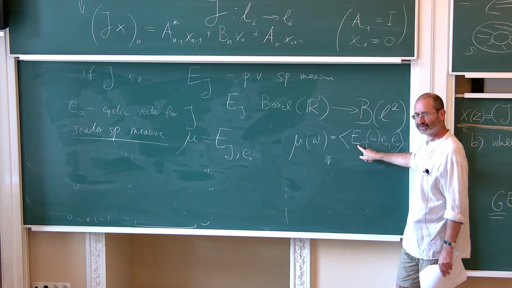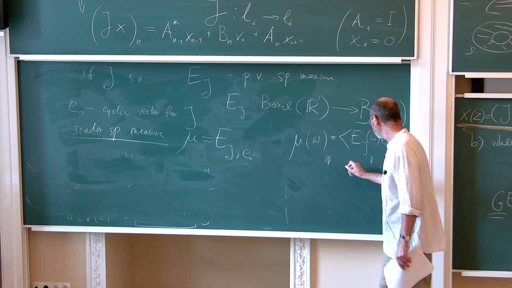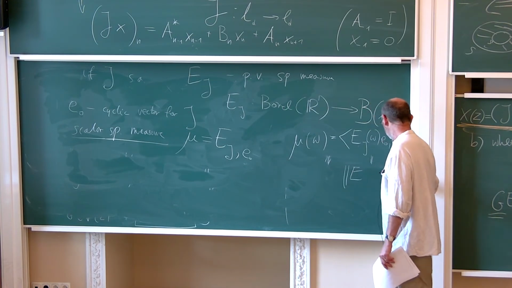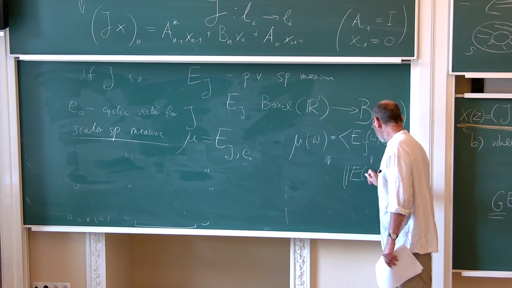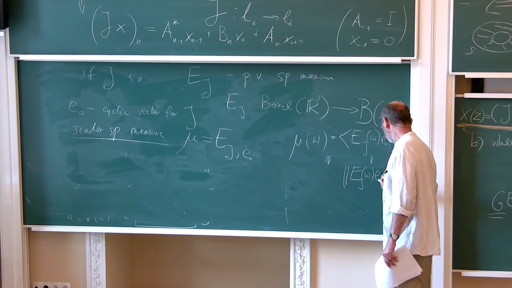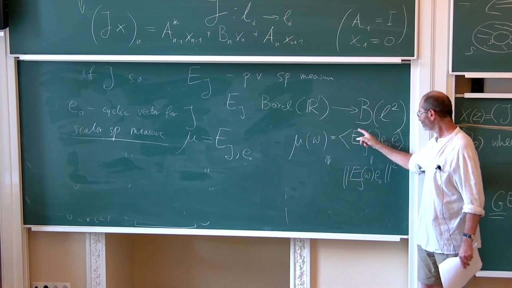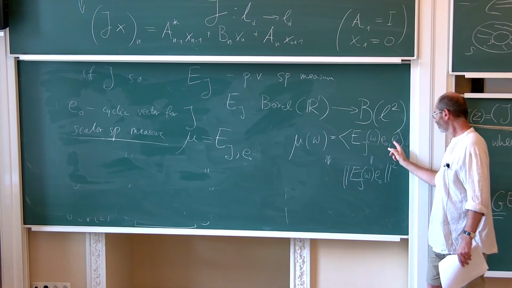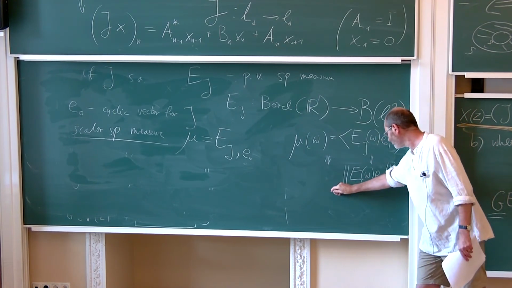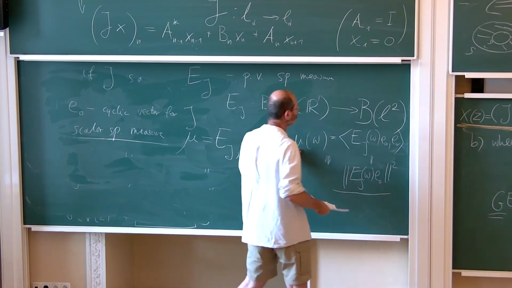Of course, because this is a self-adjoint projection, we can also write that this is just the square of the norm of A_J of omega applied to A0, because we can write the square and put one of them here. So this is the square of the norm of this. And this is a measure.